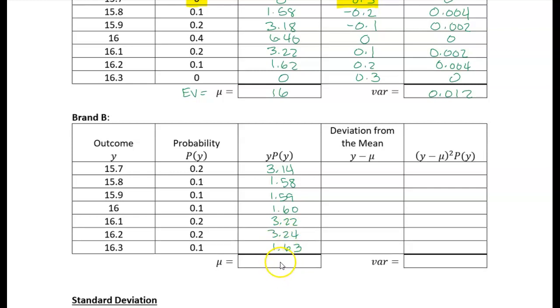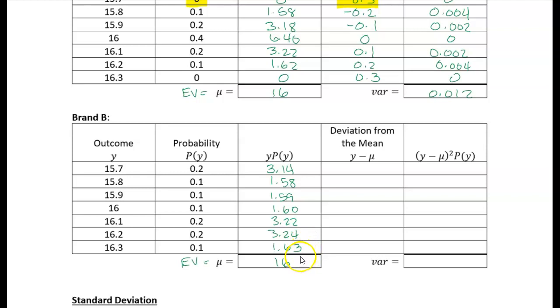Add those all up and I get 16, just like I got before. We're just taking the probability weighted average of the outcomes. The sum of those is the expected value, which is the same as the mean.